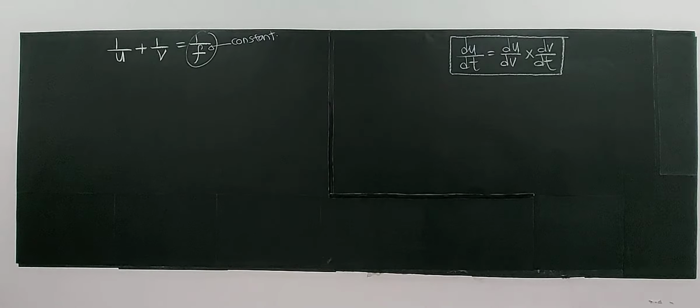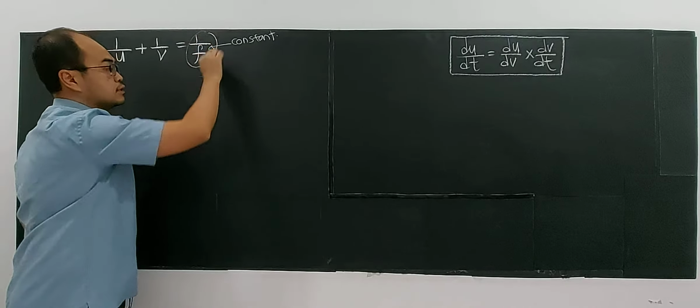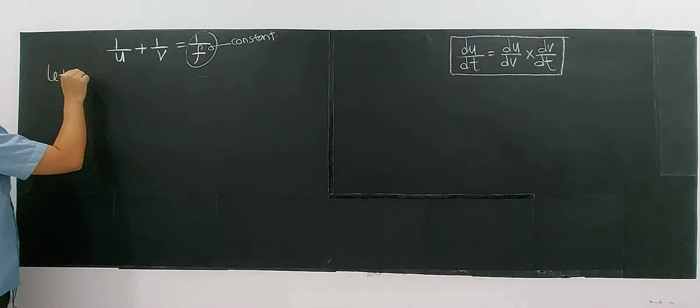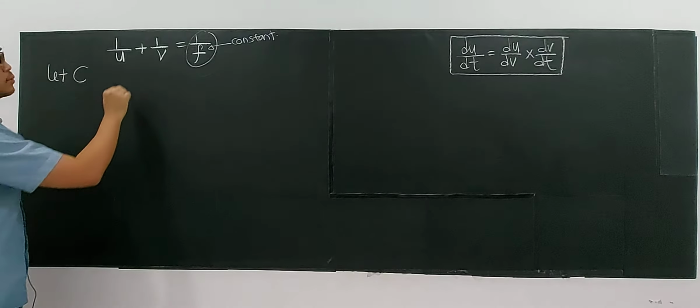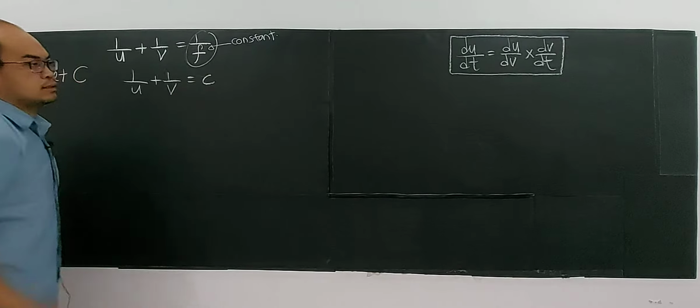Then I'm going to rearrange this. As this is just a constant, I will let 1 over u plus 1 over v equal c, a constant.